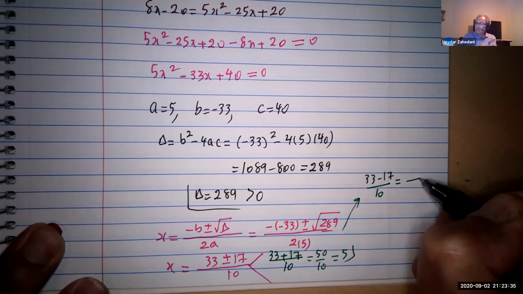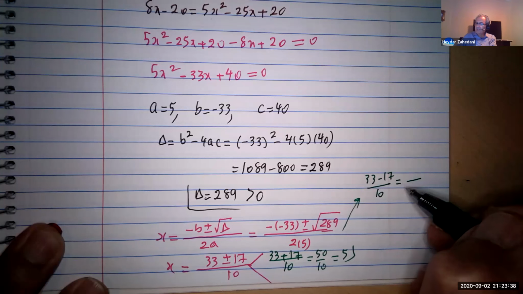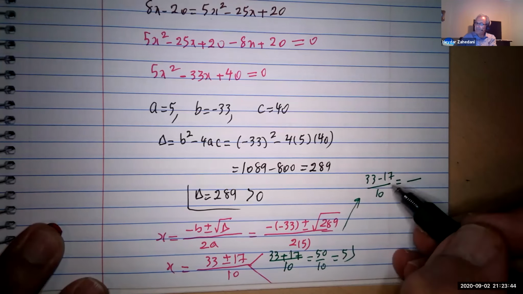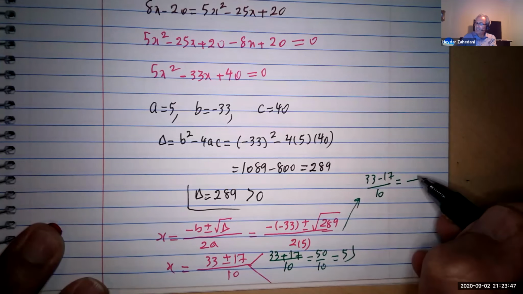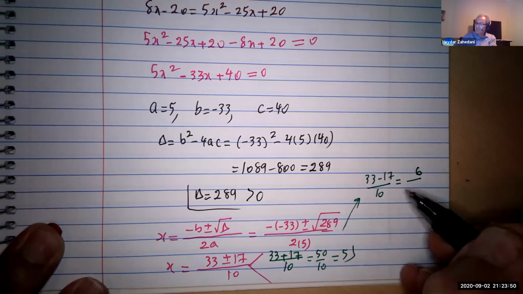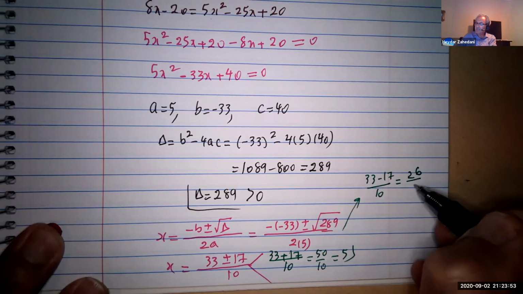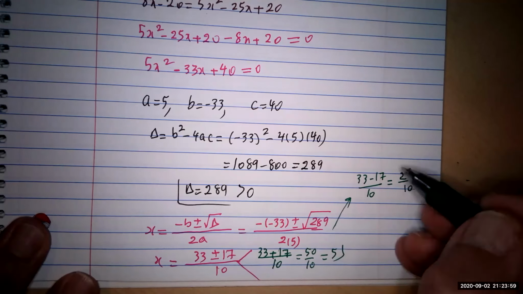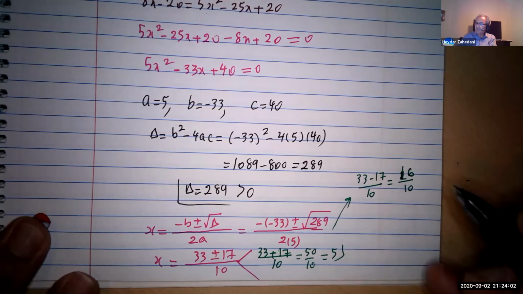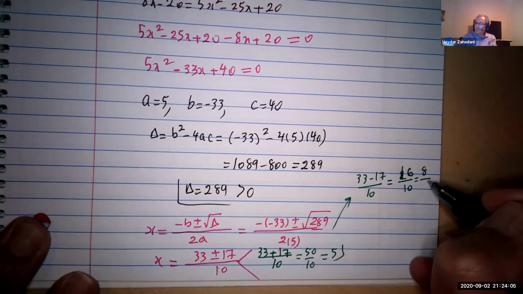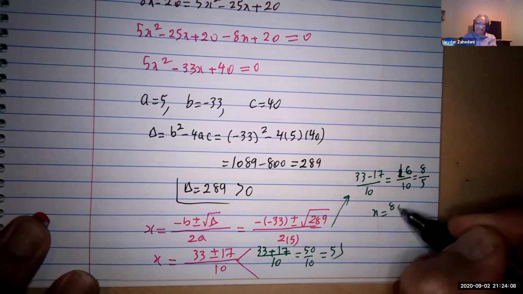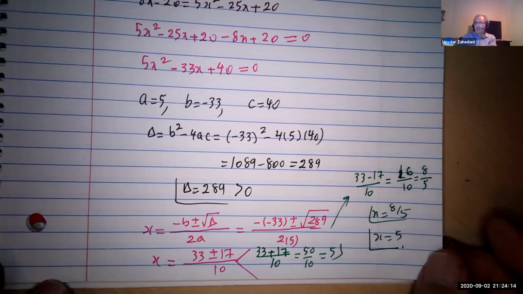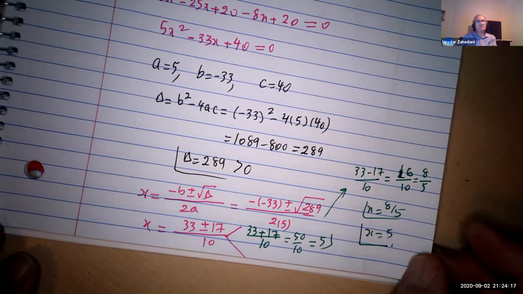So we check this one. That is going to be 16, yes, 16. We simplify by 2, so that gives us 8/5. So x equal to 8/5 is one solution, and x equal to 5 is the other one. So eventually this is going to be the solution of your equation, okay?